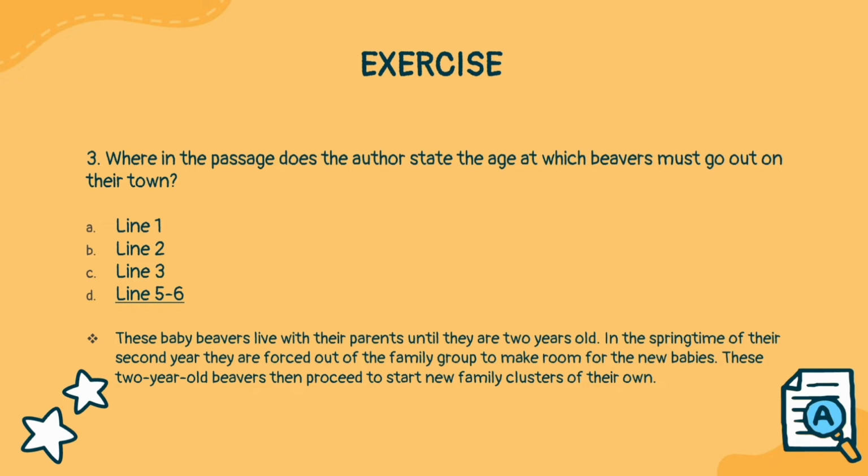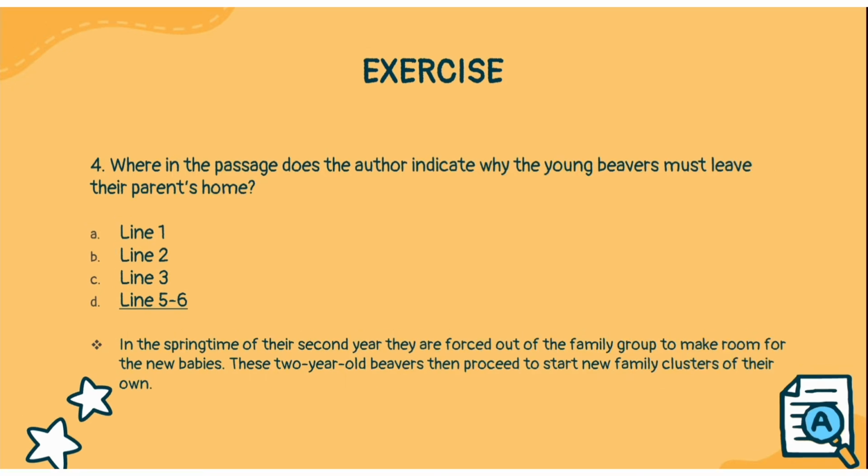And my answer, D, line 5 and 6. These baby beavers live with their parents until they are 2 years old. In the springtime of their second year, they are forced out of the family group to make room for the new babies. These 2-year-old beavers then proceed to start a new family cluster of their own.